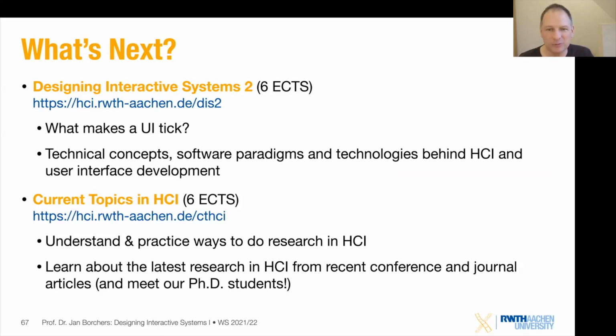So it will be a more comfortable class, I would say, because it will talk more about the technicalities of how to implement user interfaces. We are computer scientists and related disciplines after all, so we need to get back to the tech, but we really needed this discourse of DIS1 to get a human-centered view on the problems we're trying to solve. So this will be about all the technical concepts, paradigms, and technologies behind HCI and user interface development.